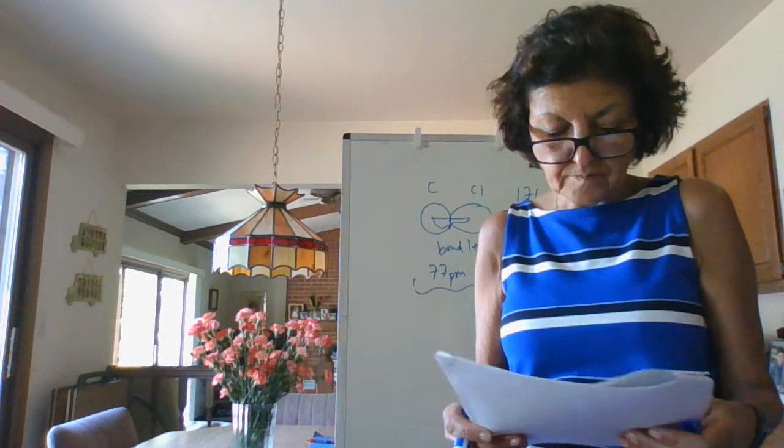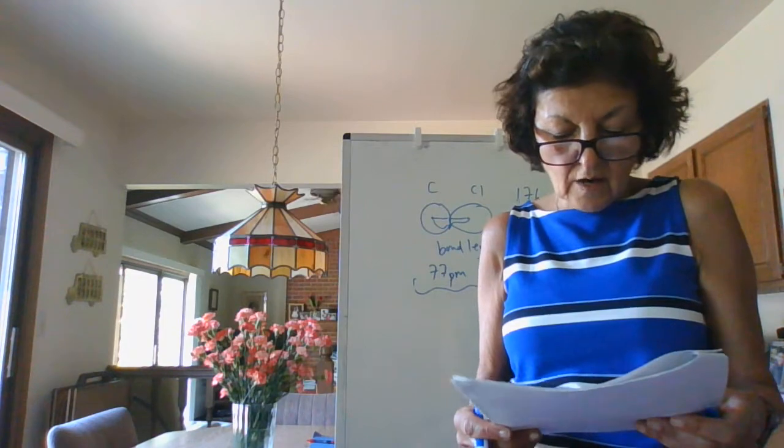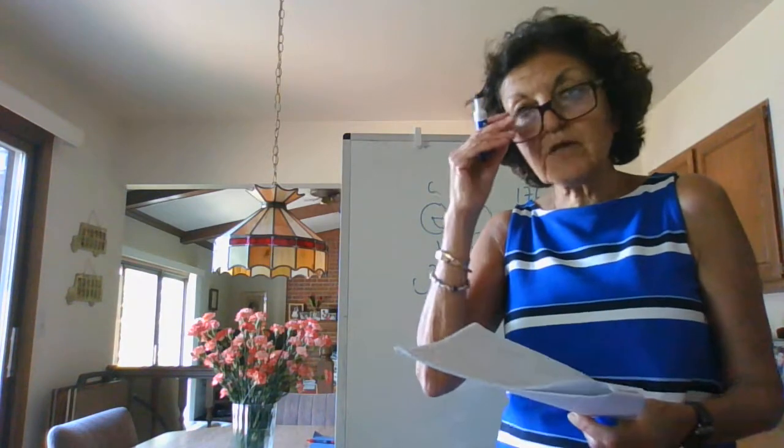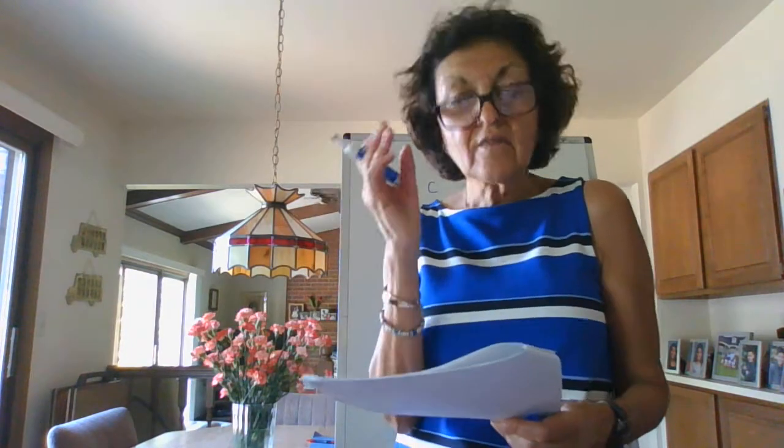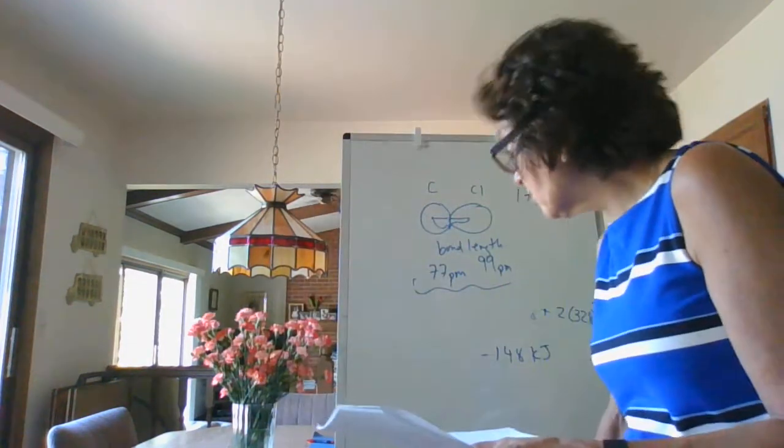Okay, one thing I should tell you is that double bonds are shorter and stronger than single bonds, and triple bonds are also shorter and stronger than double bonds. So let me just give you some data here.